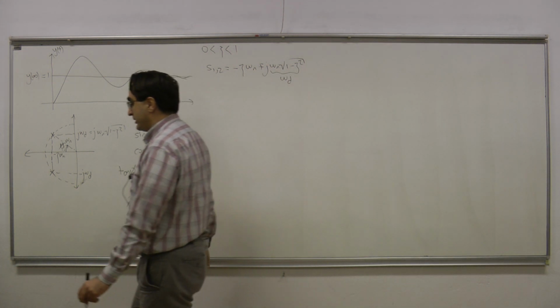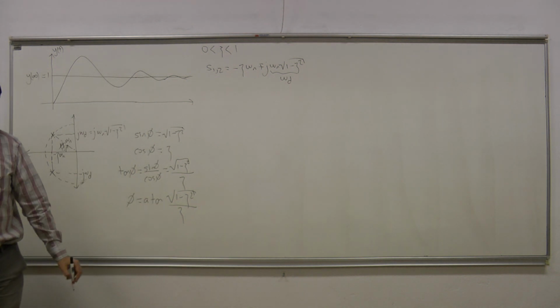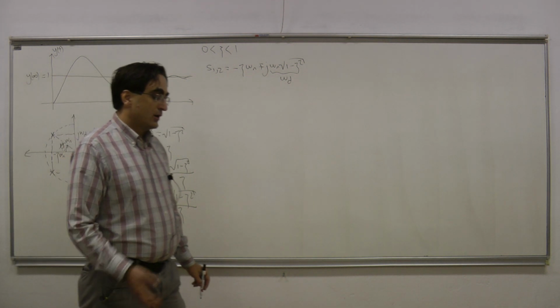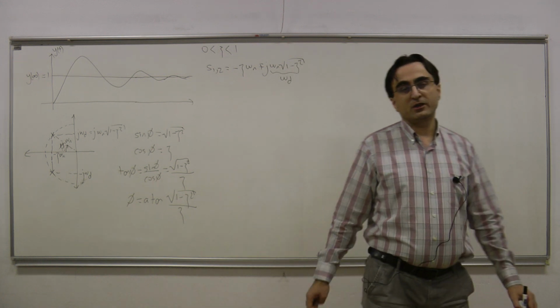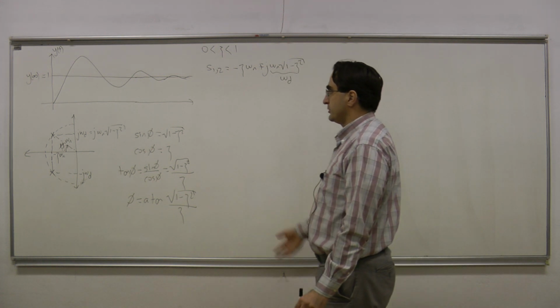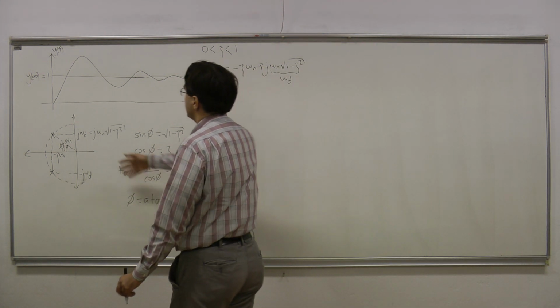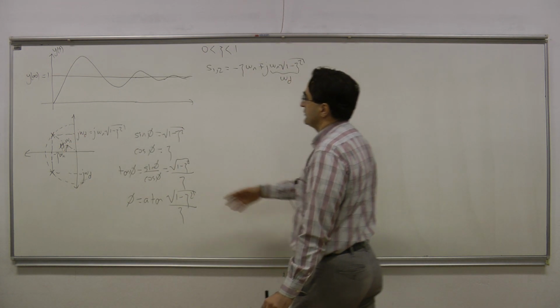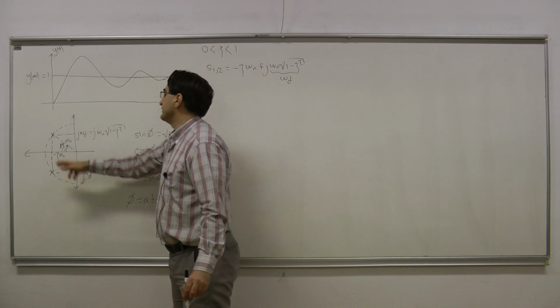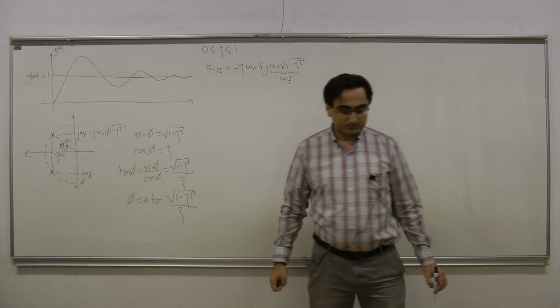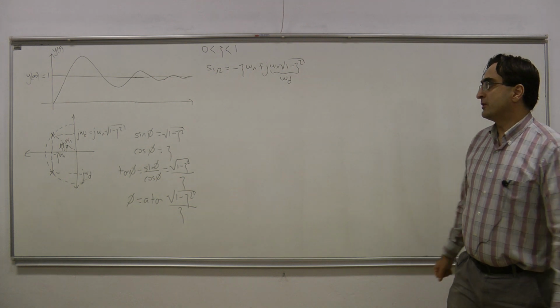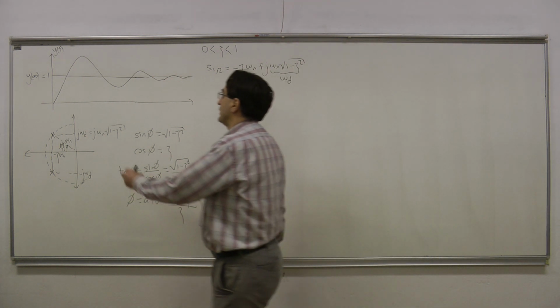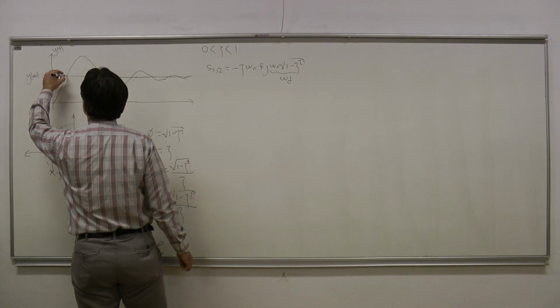And now we're going to make a connection between the time domain quantities, which are the performance measures that we have seen in the previous lecture, and these pole locations, or Laplace domain quantities, psi and omega n. The first quantity that we are going to look at is the rise time.